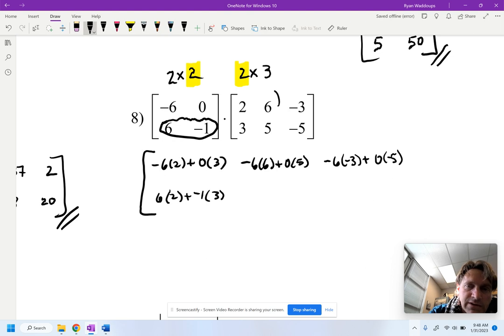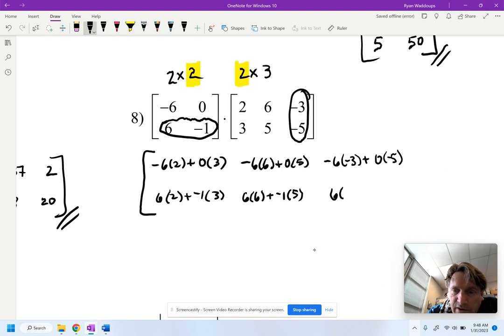And we move over to the next one. We've got 6 times 6 plus negative 1 times 5. We move over to the next column. We get 6 times negative 3 plus negative 1 times negative 5.